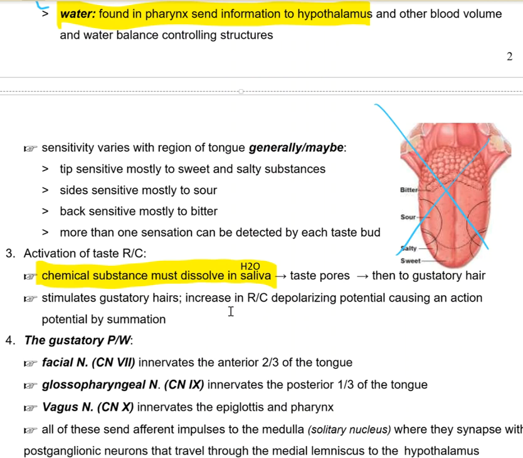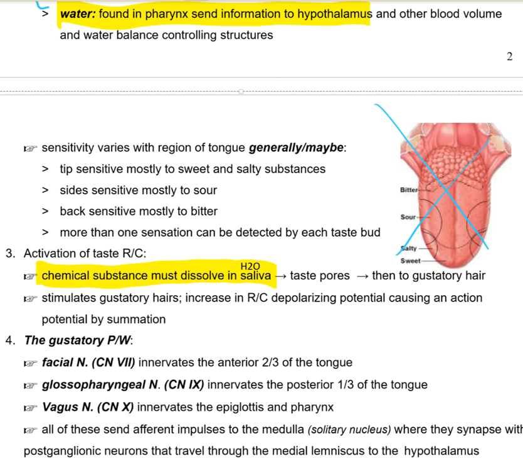And then the gustatory hair will pick it up, and we will stimulate the gustatory hairs and we'll get an action potential by summation. If you remember, summation means that we can either have temporal or spatial summation, and that means multiple hits either over time or to the same dendrite, same receptor, will then cause an action potential, will reach threshold. So that still is happening.